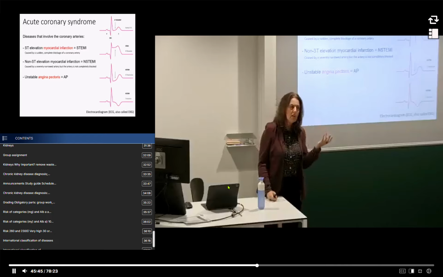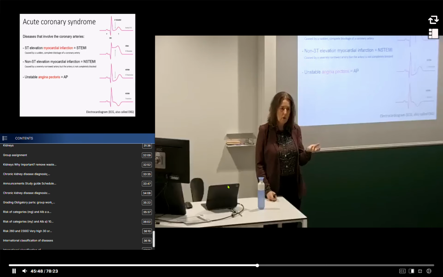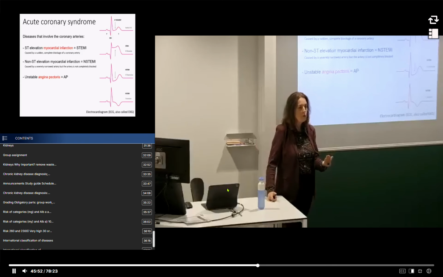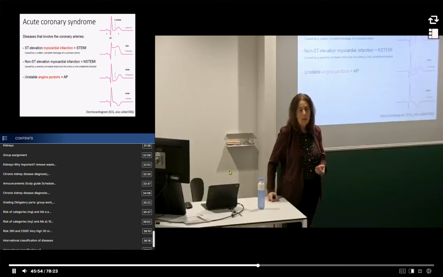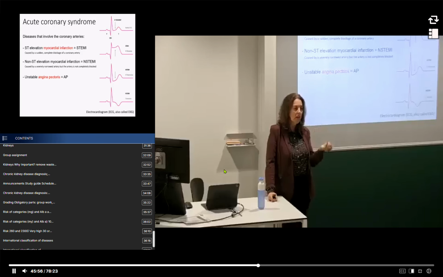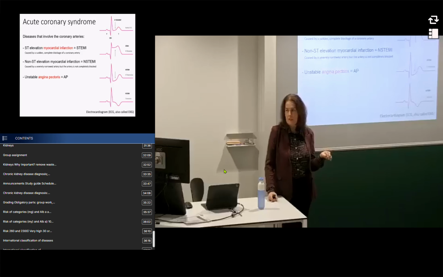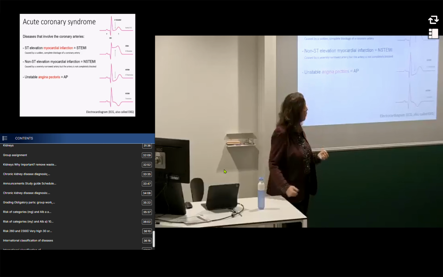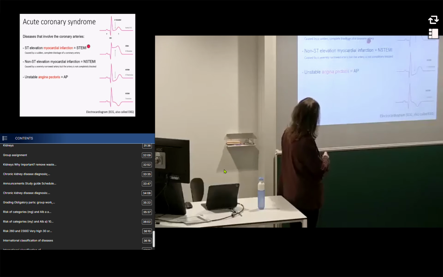In earlier days, we talked about heart attacks, myocardial infarction, but nowadays it's more common to talk about acute coronary syndrome. And that has to do with more refined diagnosis of the disease. So there's still the myocardial infarction, and there are two types of that, the STEMI and the non-STEMI.